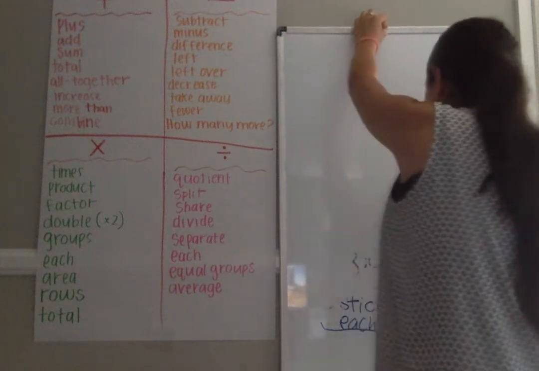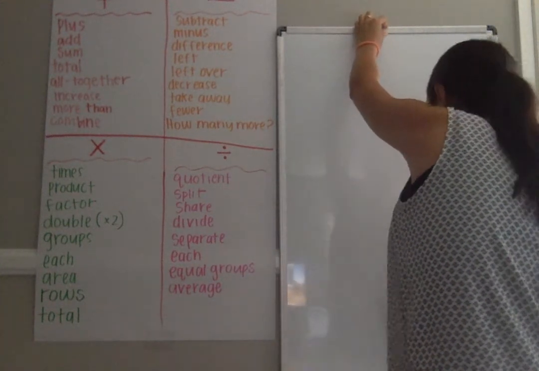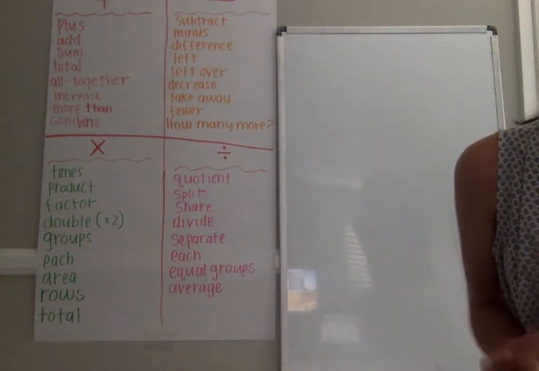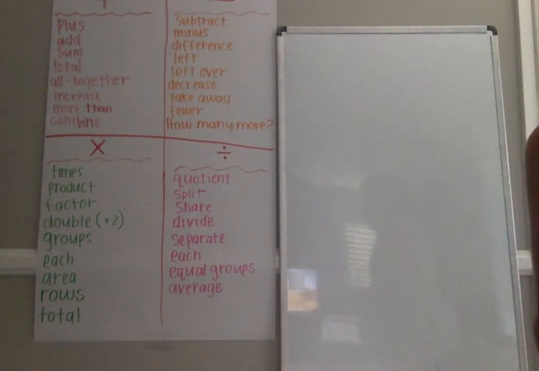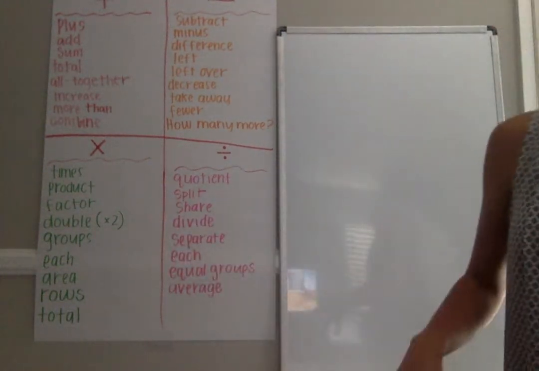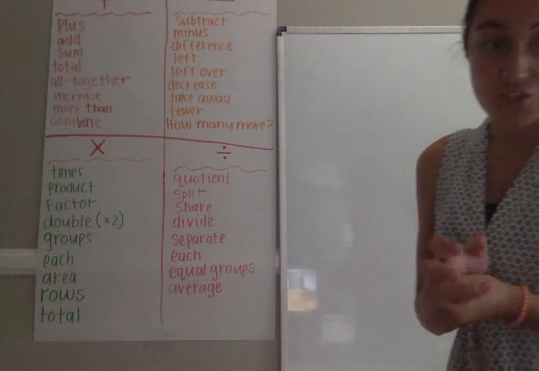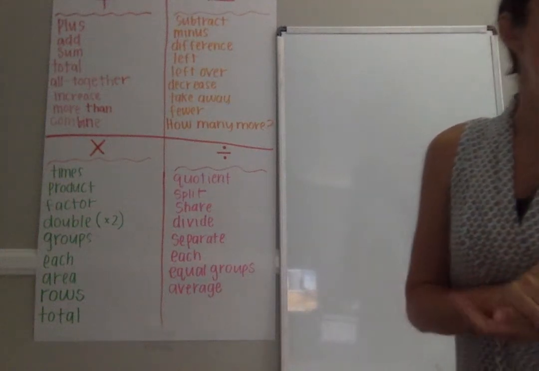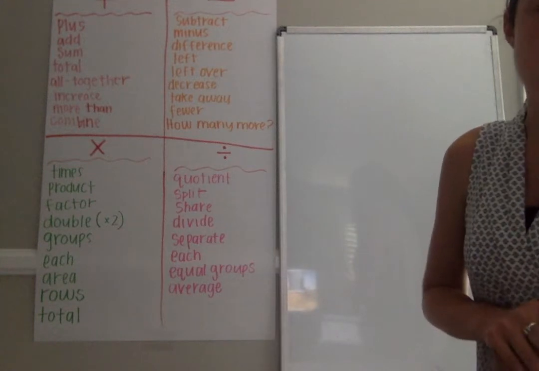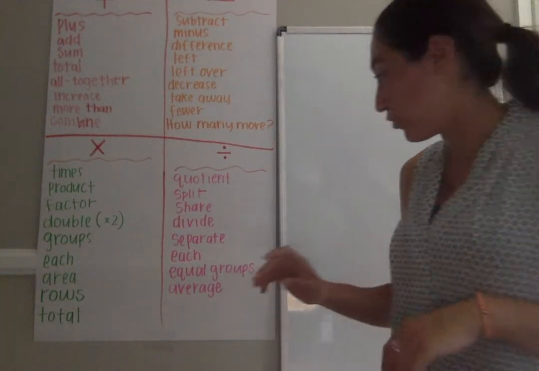Alright, the next problem is talking about 2 people. Their names are Hilda and Mallory, and they each, so other keywords are multiplication and division, have the same number of seashells. Hilda sorted her seashells into 3 groups with 8 seashells in each group.